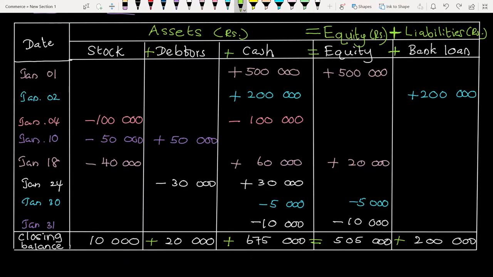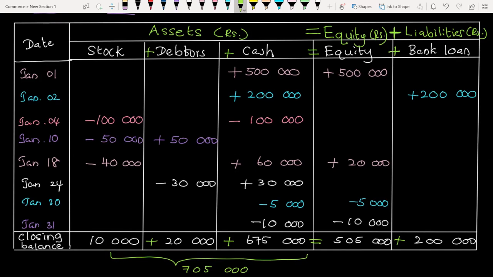As I told you earlier, we can check whether our accounting equation balances or not. So for this, we need to add all the closing balances on the left side of the accounting equation. This means all the closing balances of asset columns. So we need to find the sum of all the closing balances of assets. 10,000 plus 20,000, it's 30,000. 30,000 plus 675,000 is 705,000.